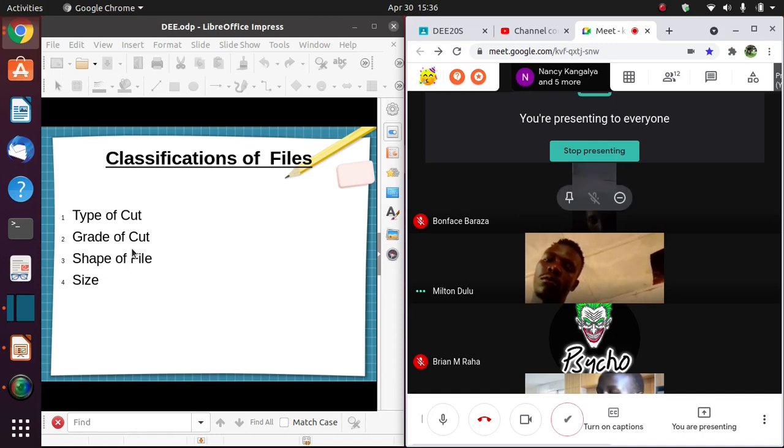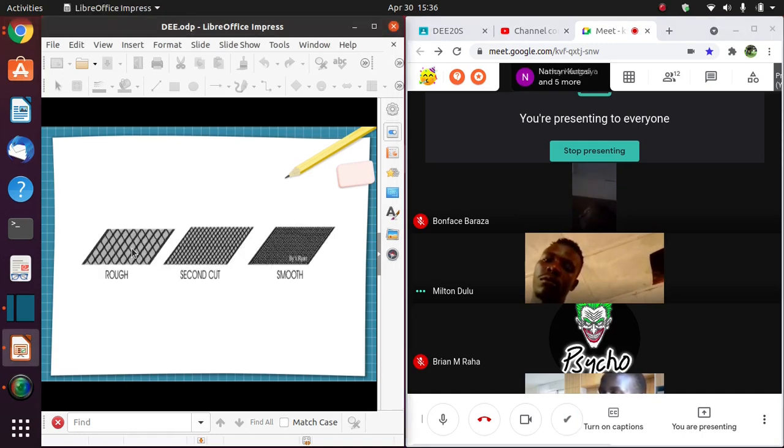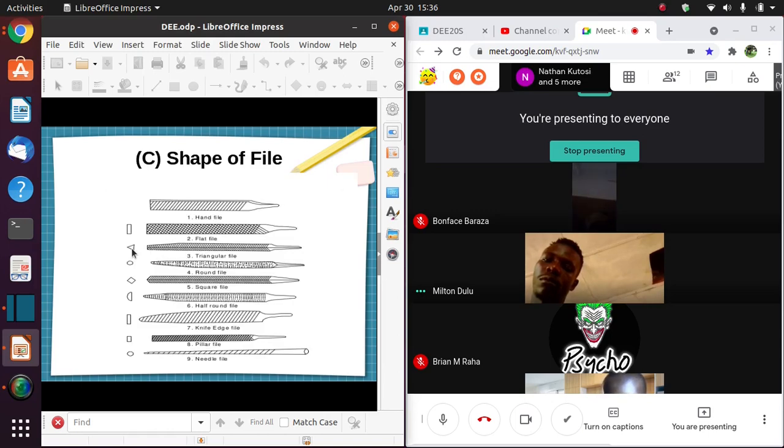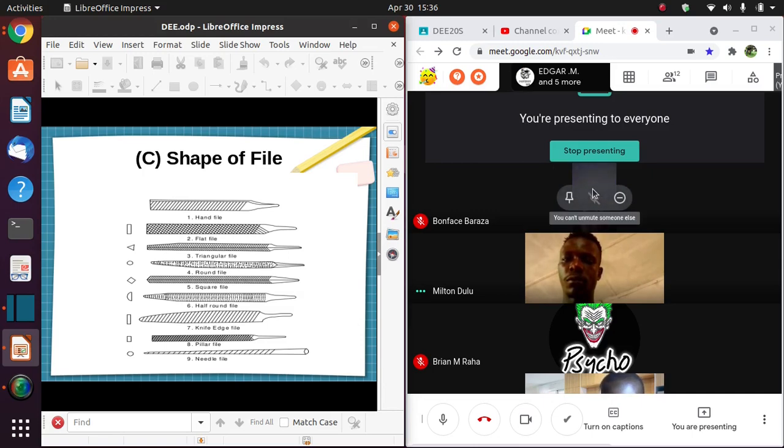Shape of the file, kulingana na ile kazi ambayo nafanya. There are different shapes of files. For example, if I want to file a round corner, ama nataka kufile shimo, a hollow hole ambayo ni cylindrical in shape, I cannot use a flat file, I cannot use a triangular file, I cannot use a square file. Why? Because the cross-sectional shape of that is not circular.